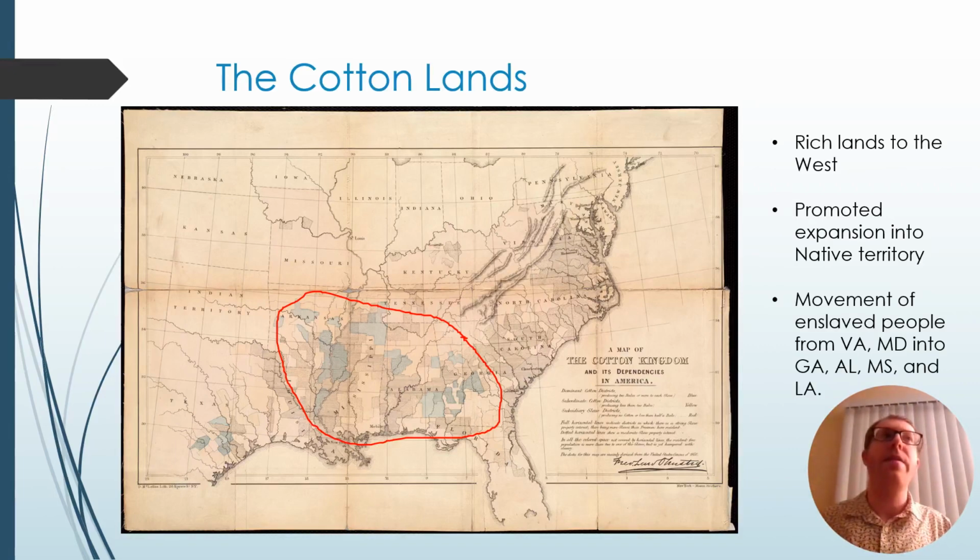The other effect that the change of cash crops from tobacco and rice into cotton has on slavery as an institution is that it promotes the interstate slave trade.